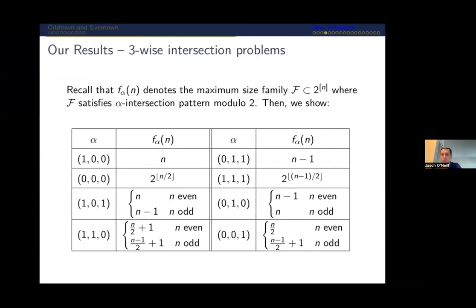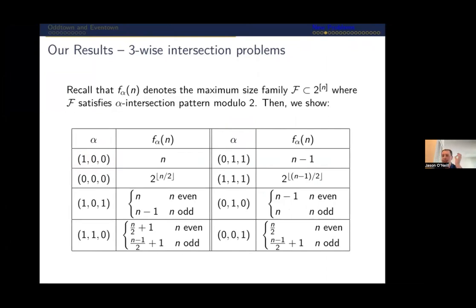The first row, when I look at that vector, I know any such family is going to satisfy oddtown rules because the sets have to have an odd number of elements, and the pairwise intersections also have to have an even number of elements.